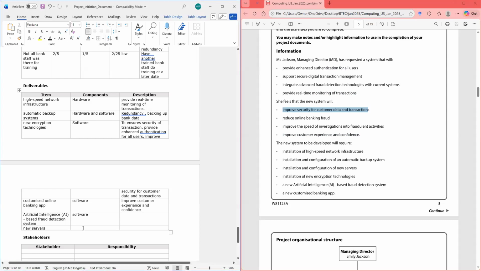So now we have servers here. Oh, no, so it's artificial intelligence based fraud detection system is a deliverable. It's a software, and the description is it's right here.